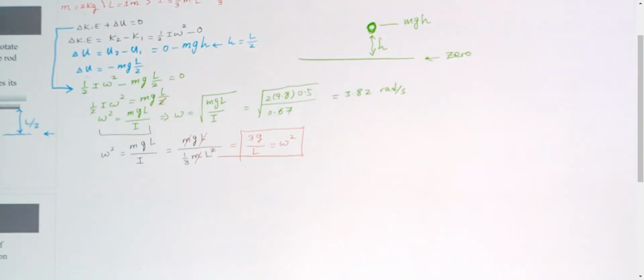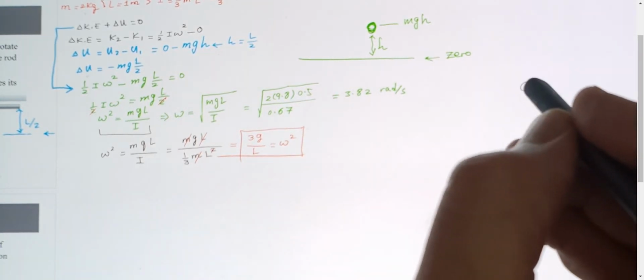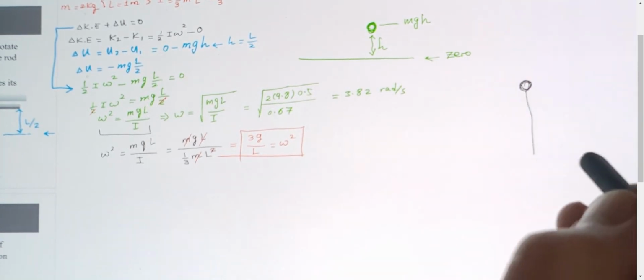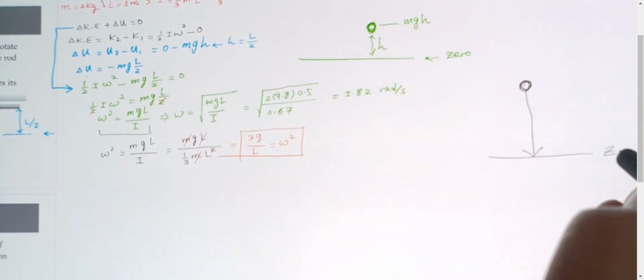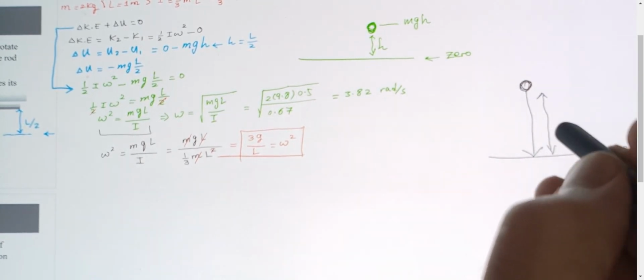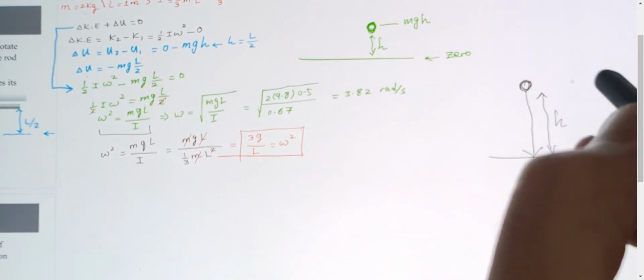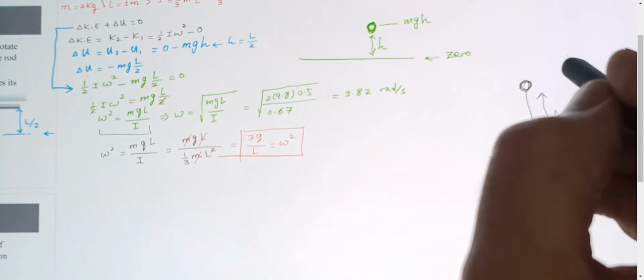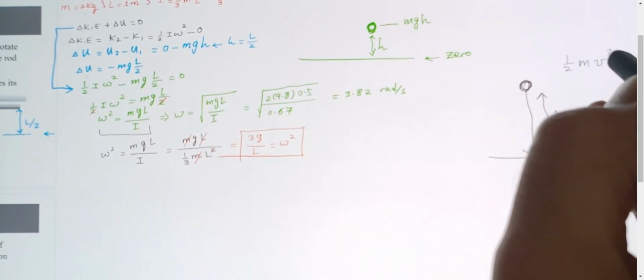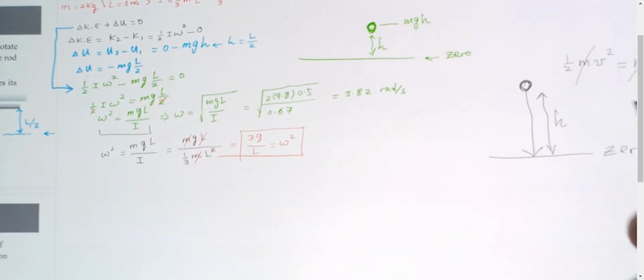This is equivalent to the concept in linear conservation of mechanical energy. When I start, for example, with a ball, and this is 0, this is H, and I ask you what is the speed of the ball just before it hits the ground, we say half mv squared is equal to mgh, and m will disappear.